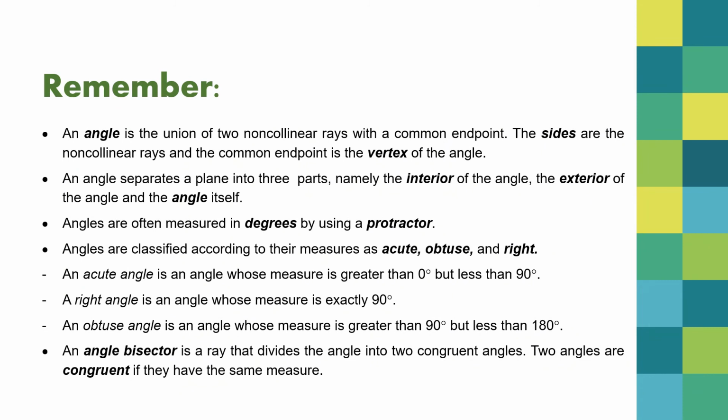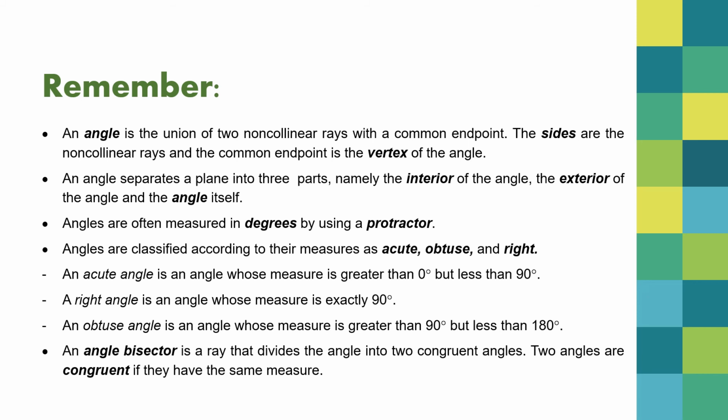Now, let's try to sum up what you have learned today. An angle is the union of two non-collinear rays with a common endpoint. The sides are the non-collinear rays, and the common endpoint is the vertex of the angle.